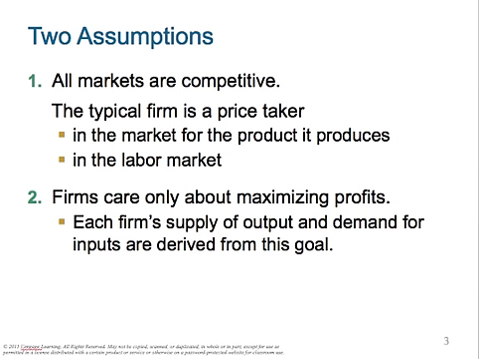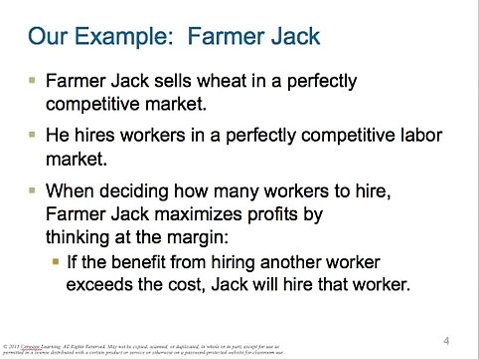The second assumption is that firms care only about maximizing profits. Pretty safe assumption for the most part. Each firm's supply of output and demand for inputs are derived from its goal, which is to maximize profits. Very simple assumptions. So let's get into an example.